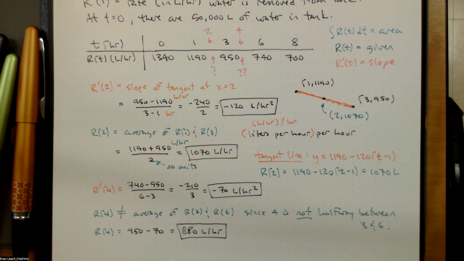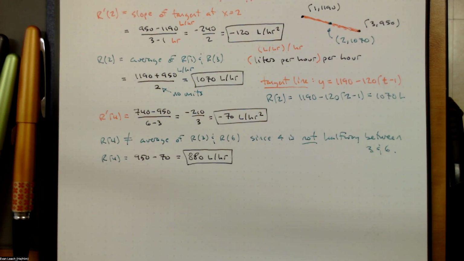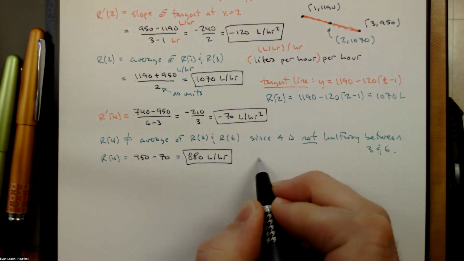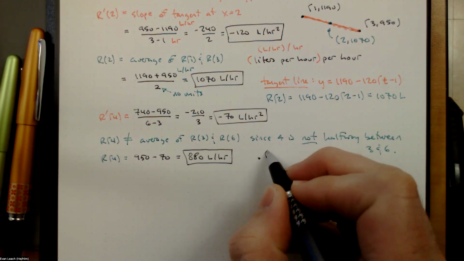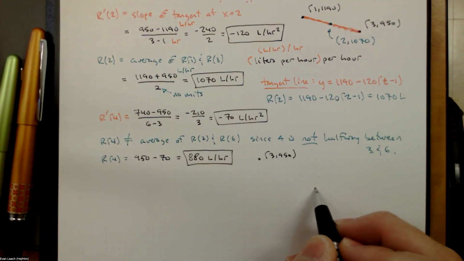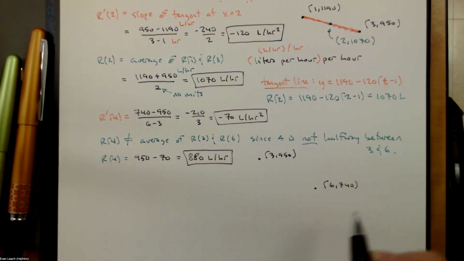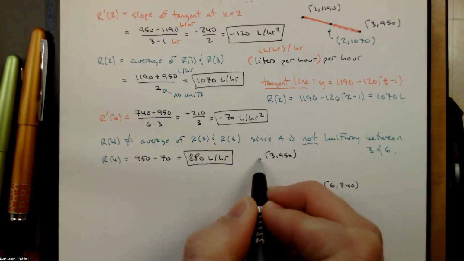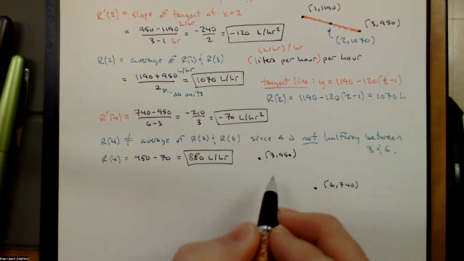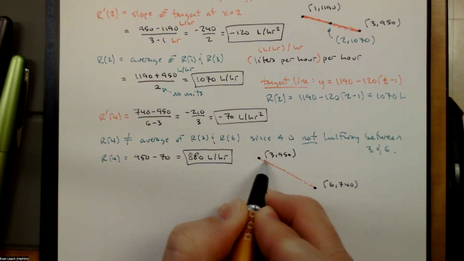If you're not sure that you like this, I'm just doing the tangent line thing, just writing a different tangent line. So now I'm looking at the point here at 3, 950, and this point here at 6, 740. We're still going to connect these with a line because that's the easiest thing to do. That's the default setting for how things change.